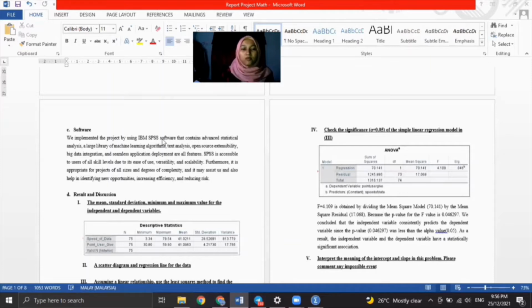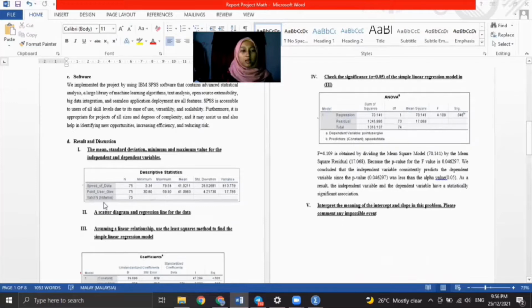SPSS contains advanced statistical analysis and a lot of machine learning algorithms, text analysis, and a lot of features. This software helped us a lot to finish our task.